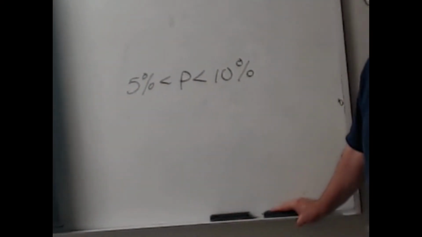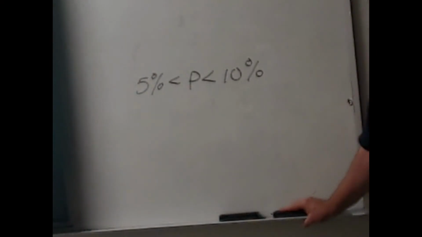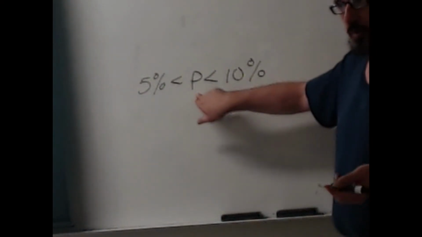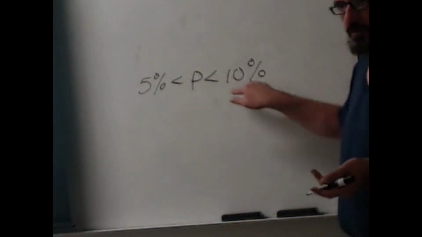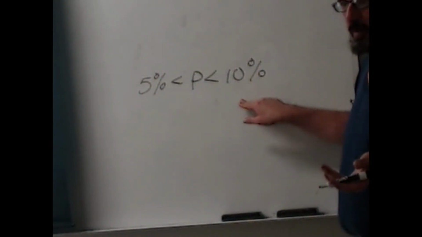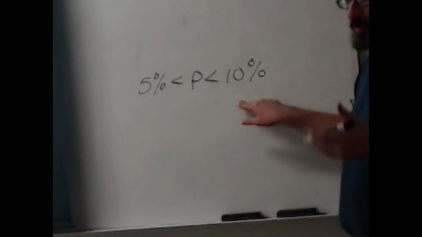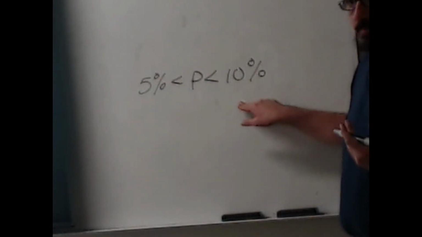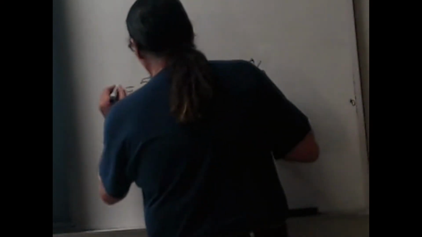But what is our level of alpha? Still 5%. So where is P? Even though we don't know the number this way, we just know the range that's in between it. Is P less than alpha, less than or equal to alpha, or is it bigger than it? Bigger than it.